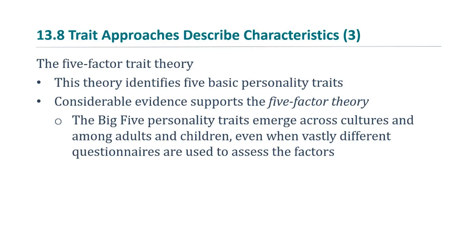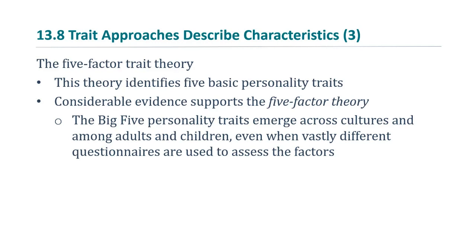In effect, this theory won out over many others. There were a lot of trait theories proposed. We just looked at Eysenck's trait theory. There were other theories that had 7 traits in them. There was a theory that had 11 traits in it.